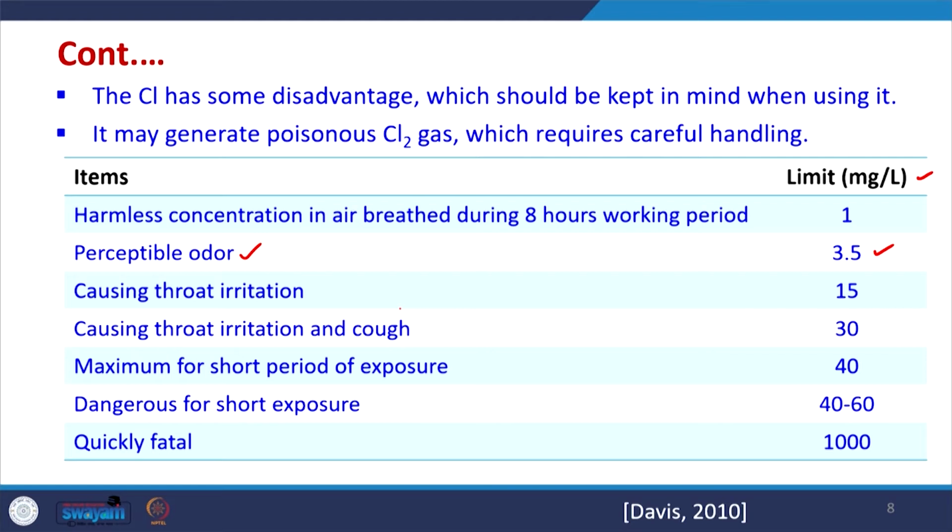After throat irritation, we can have cough problems at 30 milligram per liter, and short period exposure to 40 milligram per liter or beyond will start causing problems to us, and it will be dangerous. And at around 1000 milligram per liter, that means 1 gram per liter, it can be fatal also. So, human beings can die because of the presence of chlorine. That is why we have to be cautious with using chlorine, but chlorine is one of the most commonly used disinfectants.